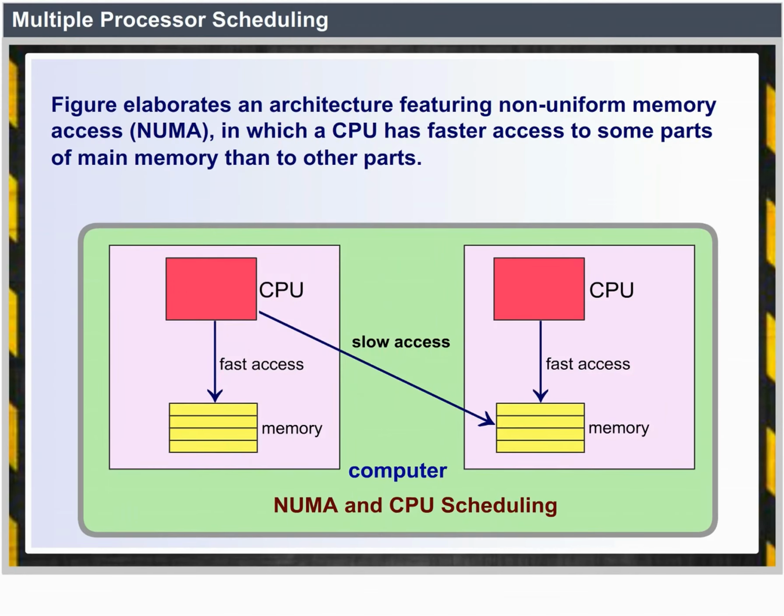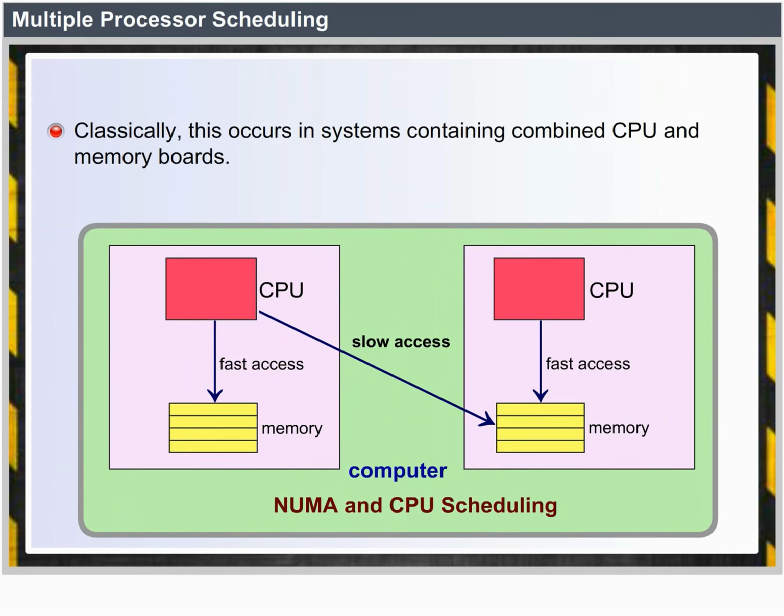The figure illustrates an architecture featuring non-uniform memory access (NUMA), in which a CPU has faster access to some parts of main memory than to other parts. NUMA and CPU scheduling. Typically, this occurs in systems containing combined CPU and memory boards.